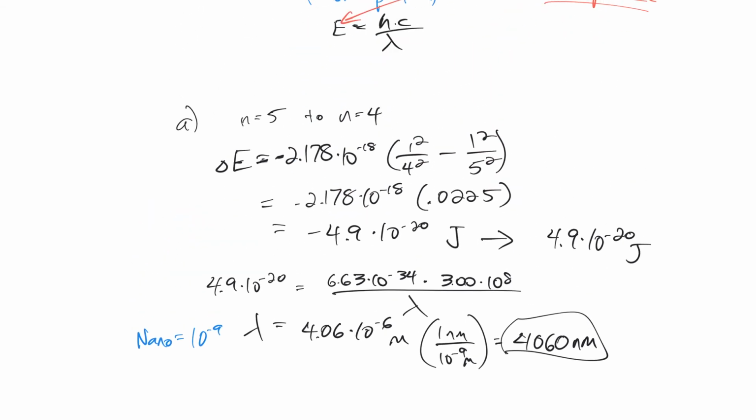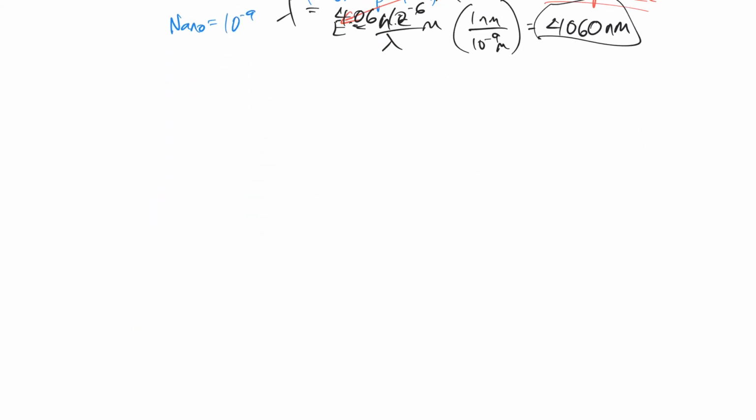In part B, we're going to do the same thing, just with different numbers. So 4 to 2 in this next one.